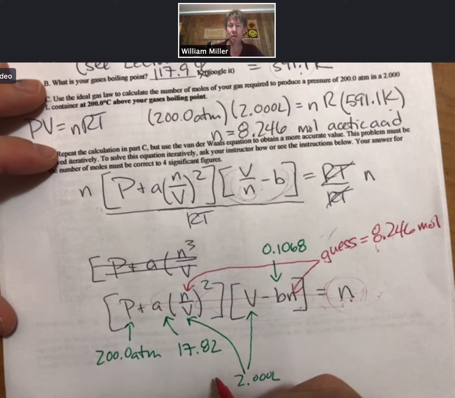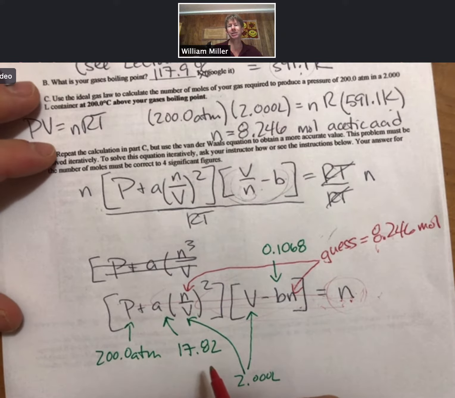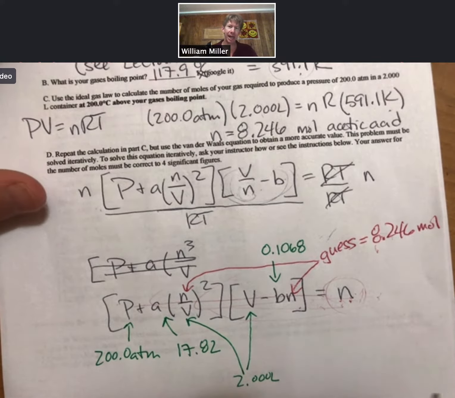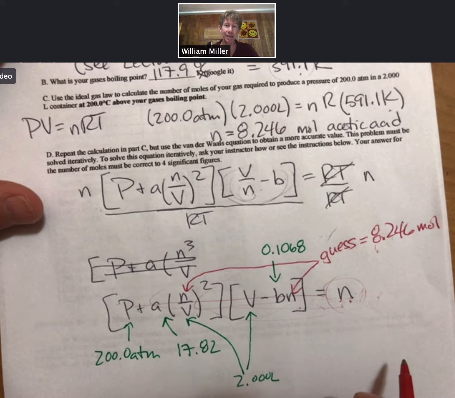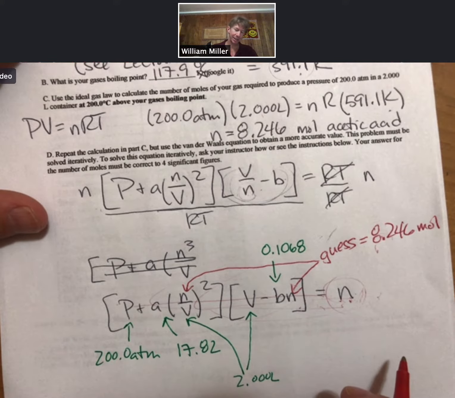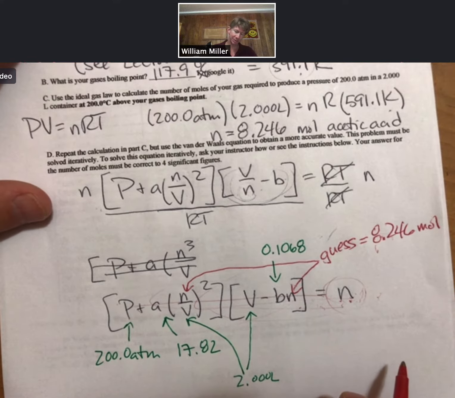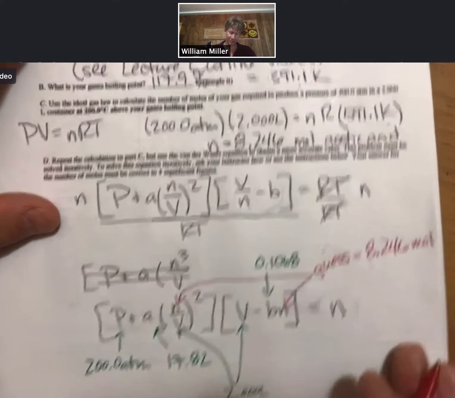When it's true to 4 significant figures, you know you're done. It may take 5, and it may take 20 iterations. It's unclear how many, and it depends on your A and B values. We're going to solve iteratively using this approach.